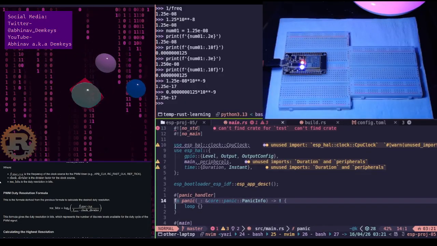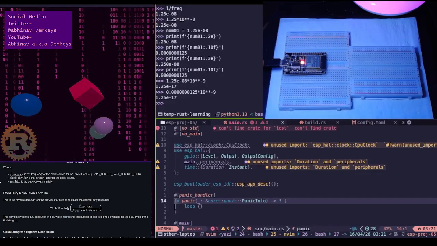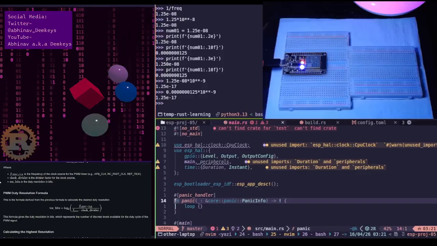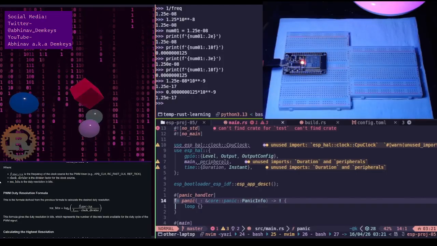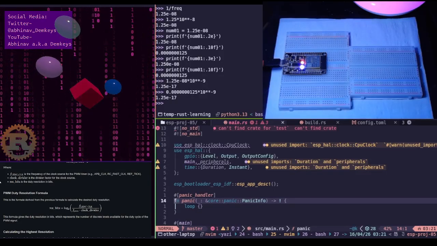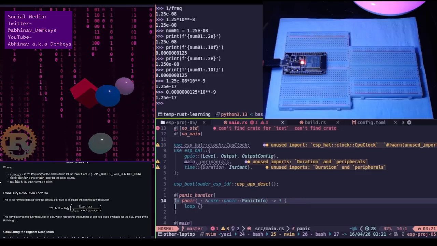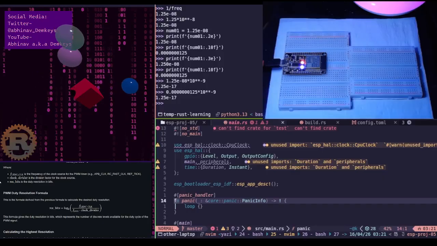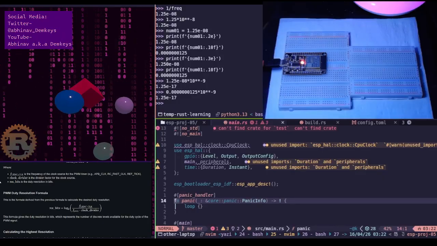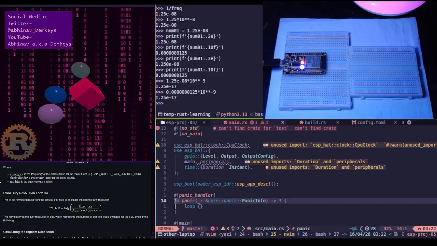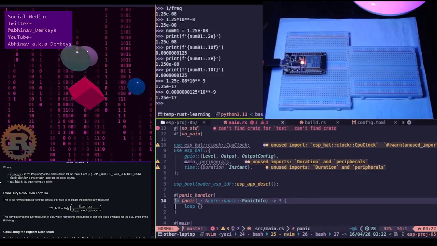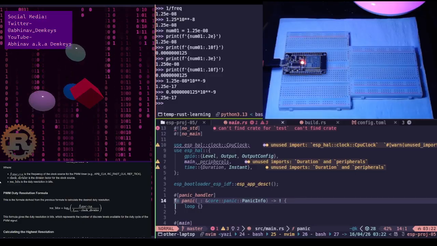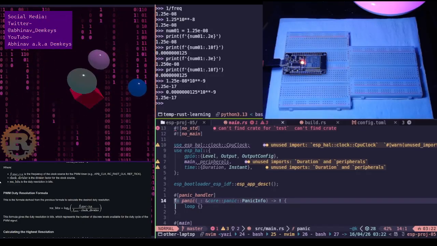hey, I wanna convert 0.00000000125 ns to seconds. Oh, wait a minute. No, stop. That's wrong. That is wrong. It's 12.5 nanoseconds.